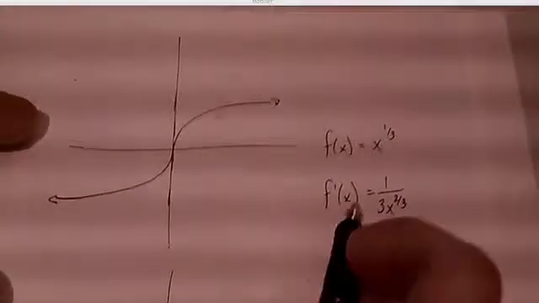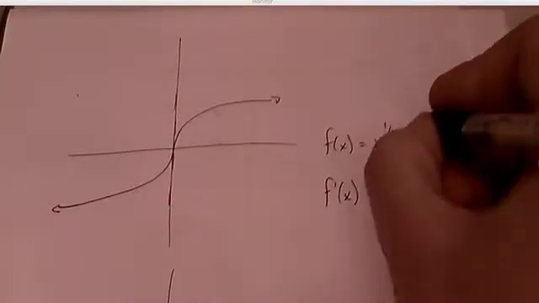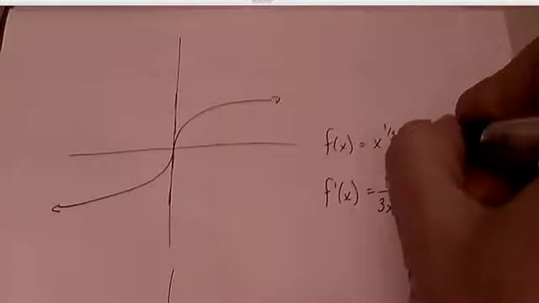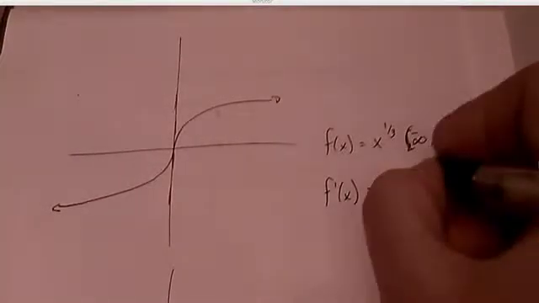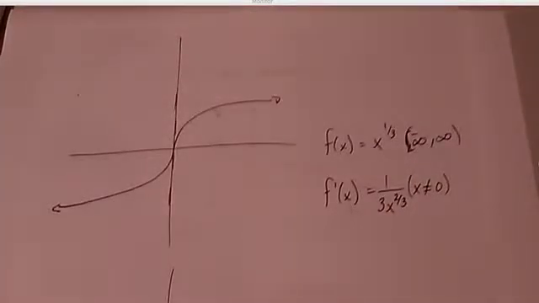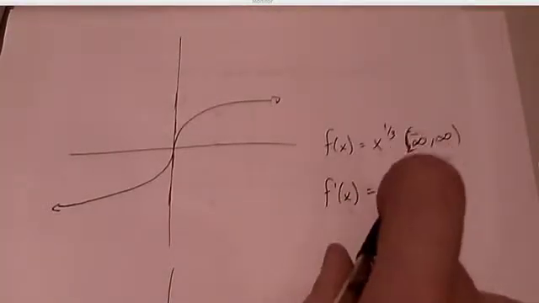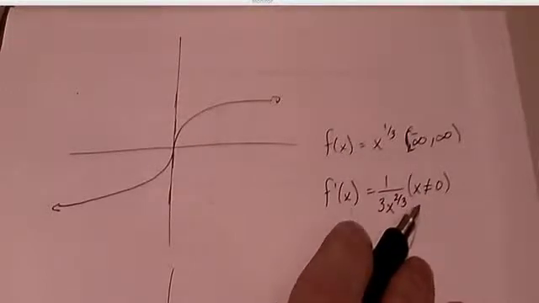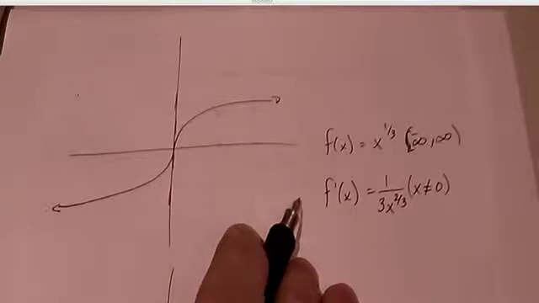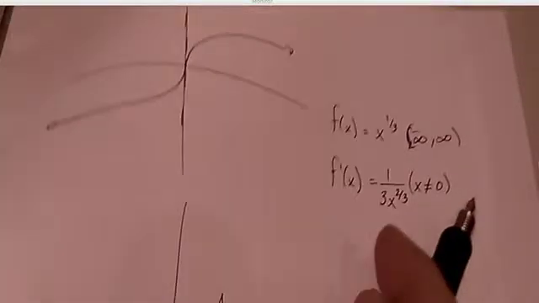Because the only difference between the domain of this particular function, this is actually all reals, right? Negative infinity to infinity. The only difference here is that x cannot be equal to 0, right? So they agree at every single point except where the original has a vertical slope. Okay, so there is a relationship between the domains, and they're trying to get you to flesh this out.